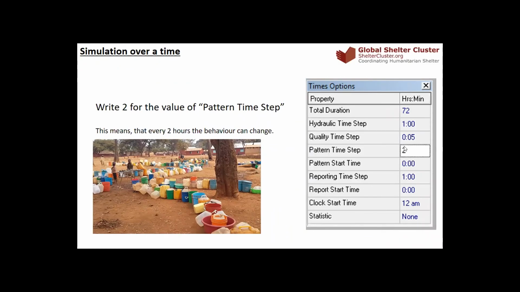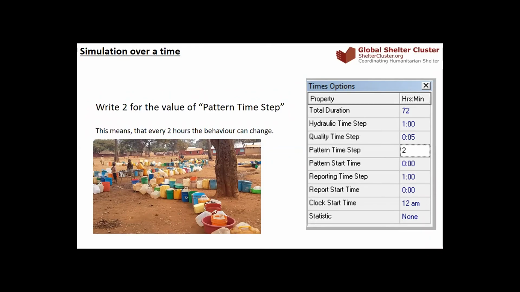You have this time option. You have pattern time step. Here, you have to put one number between 1 and, I think, 12. And this is actually the time that you consider for one change of pattern. If you write 1, it means that every hour you have to give a different pattern.